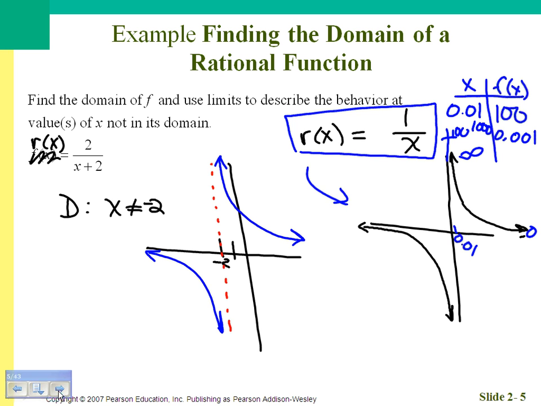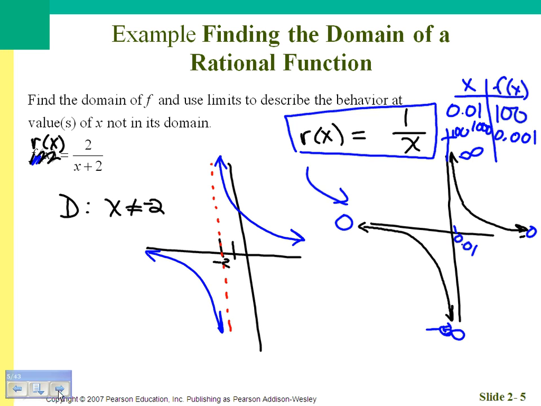On the other hand, if x is a negative number, you get the same graph rotated 180 degrees about the origin. If you plug in values of x that are negative, like negative 1,000, you'll see that your answer is negative 0.001, but again approaches 0 from this side. But when x is approaching 0 from the negative side, the y values go to negative infinity. So that's the reciprocal function.